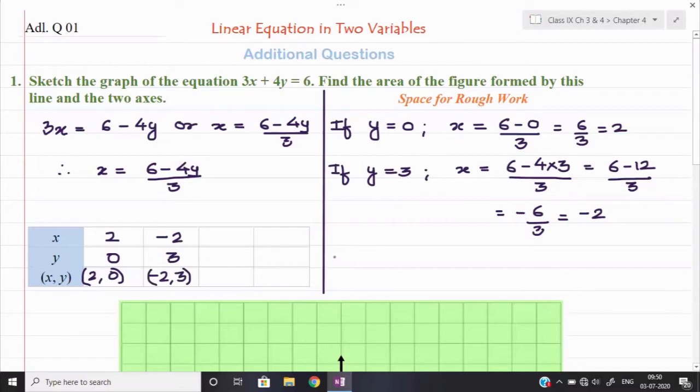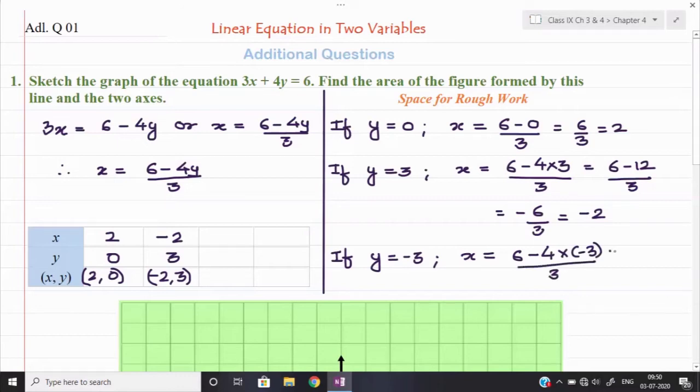Now the last one I am taking: y is equal to minus 3. In that case, x will be equal to 6 minus 4 into minus 3, whole divided by 3, right?